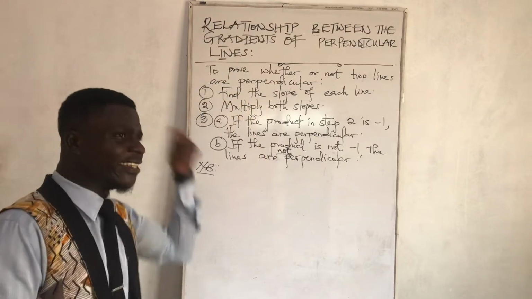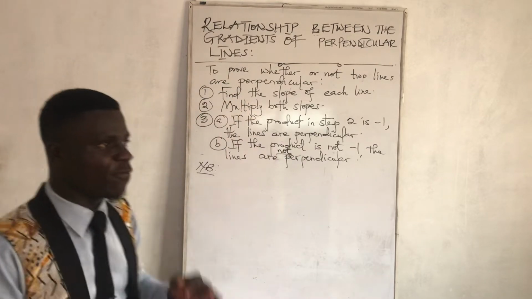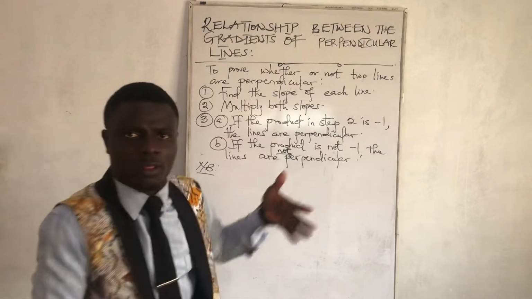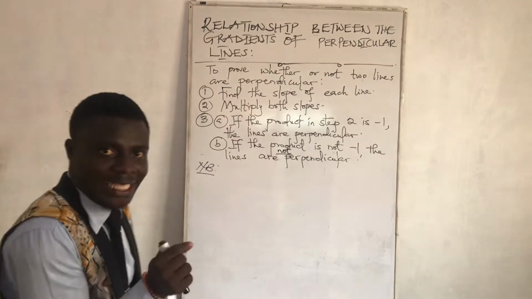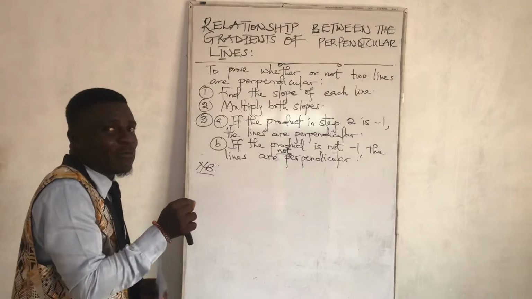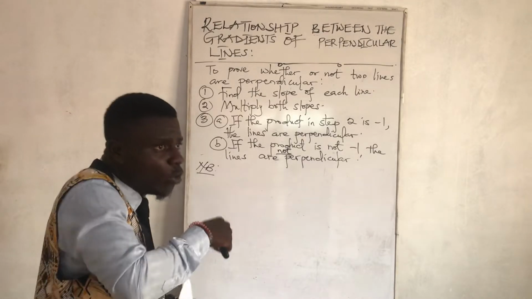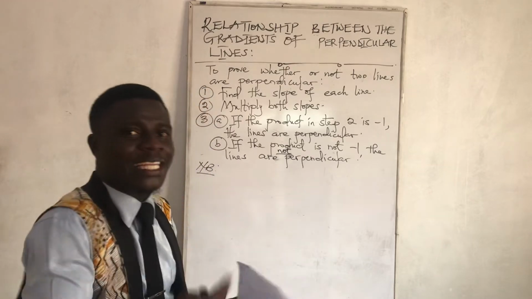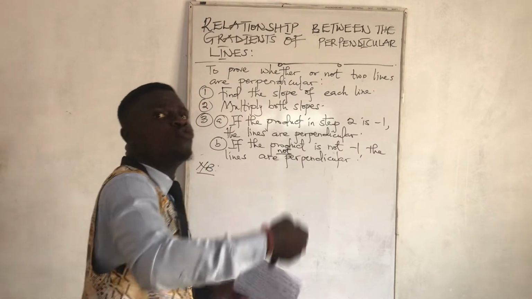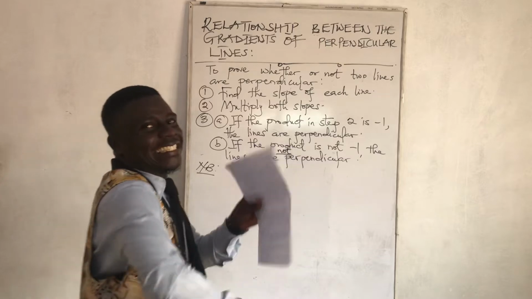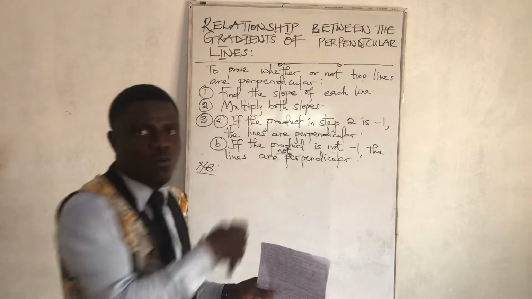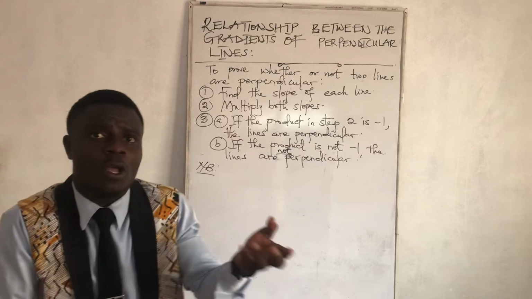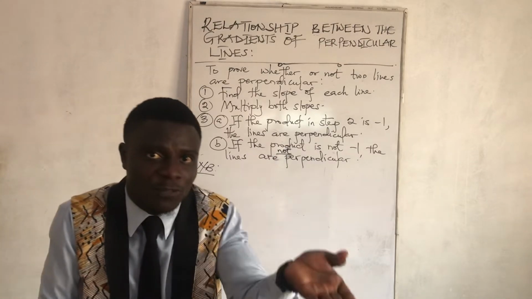So let's say again, for another example, if the known gradient is -1/3, the sign is negative. Now, if you want to find the other gradient, which is the unknown, you have to reciprocate -1/3, and we get 3.